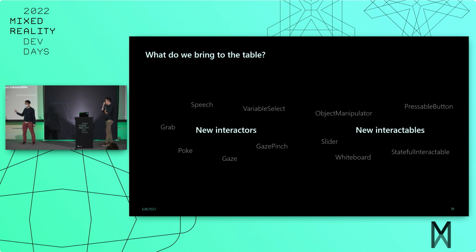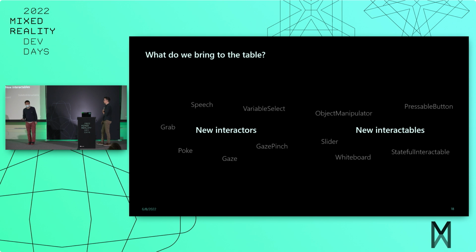So grabbing, poking, those all existed in V2 via some form of our pointers. Speech existed in V2, but we also have some new ways to interact with objects, such as using gaze. It's going to be a lot more developed, I'm sure, as you may have seen with the Zappy Playground demo, as well as gaze pinch, where you can look at an object and then pinch over to the side, and you would be able to essentially select the object using your eyes.